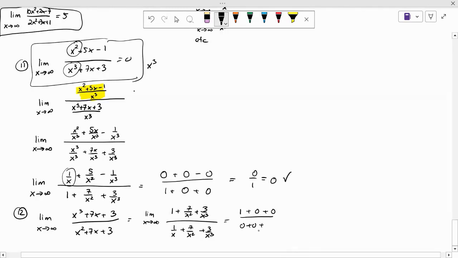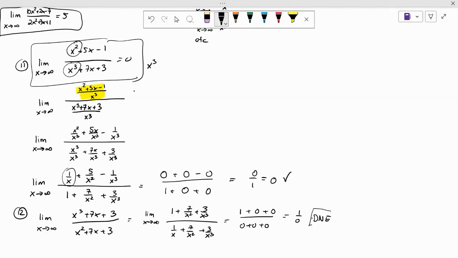So what do we get? 1 over 0. So what does that mean? Does not exist. Later on you may talk about limits that are infinite, but for this homework it says does not exist.